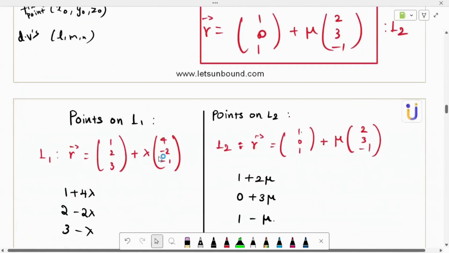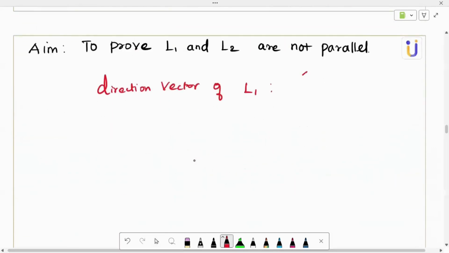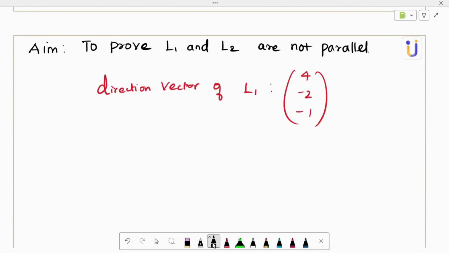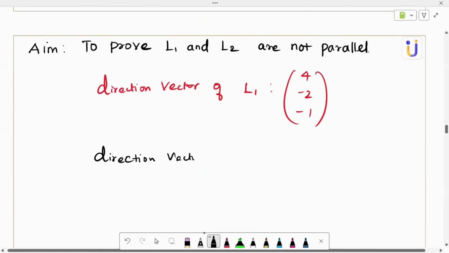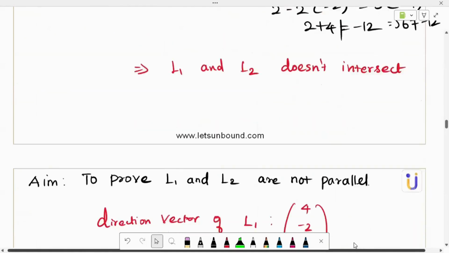For L1, this is 4, minus 2, minus 1. So 4, minus 2, minus 1, and the direction vector of L2, which I think is 2, minus 3, 1. Yeah, 2, minus 3, 1.